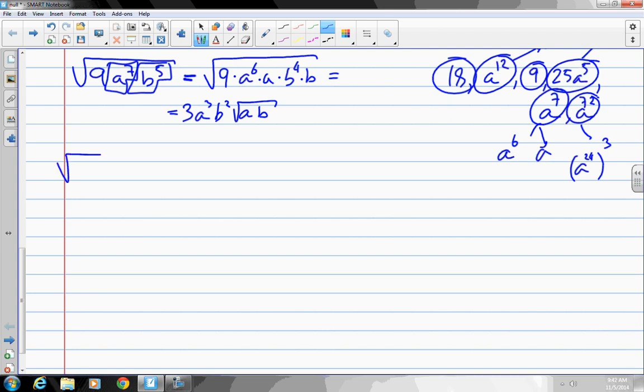Here's another example, a square root of 75x to the power 8 and then y cubed. Again, assume that everything is positive and so forth. So with 75, is 75 a perfect square? Sorta.